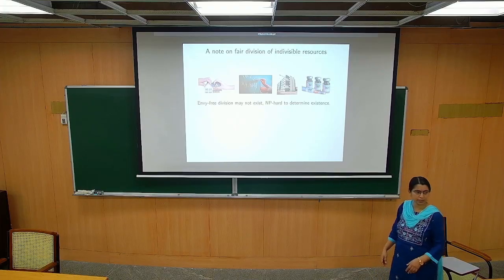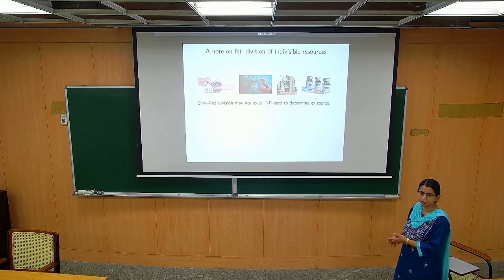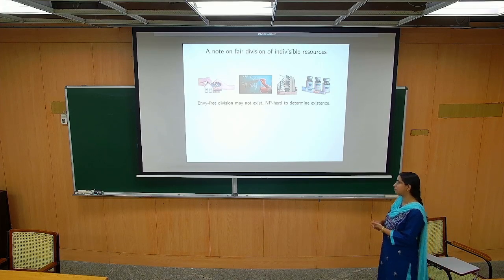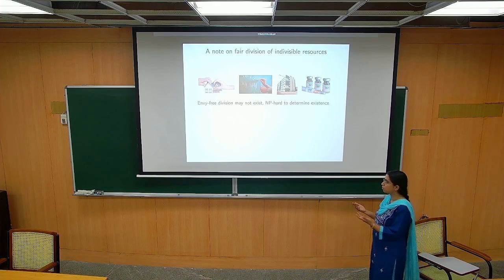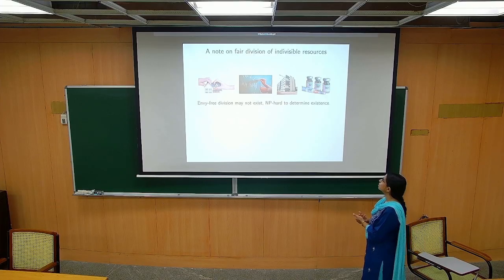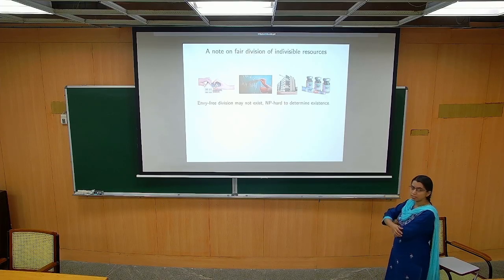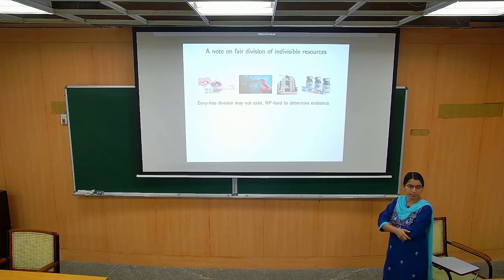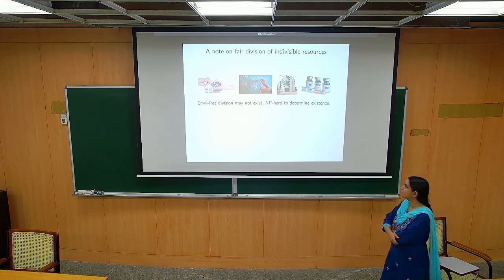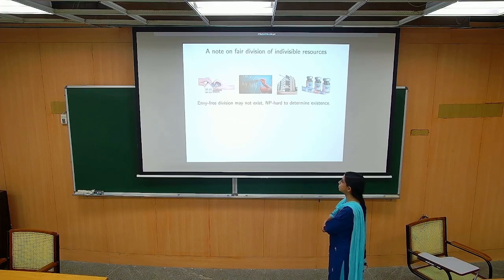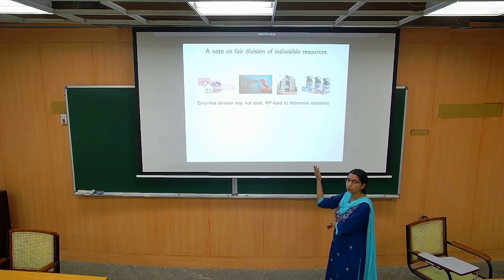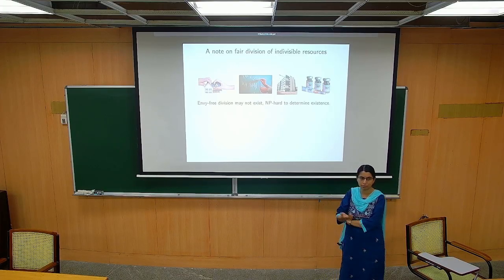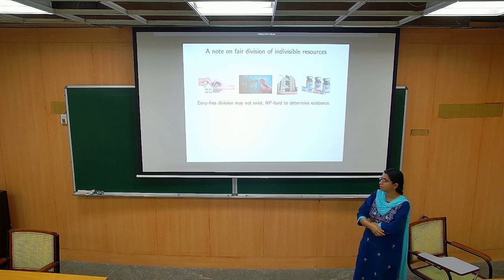So far we said that the cake can be divided in whatever way you want, and still we can't get connected NV-free division with a small number of queries. When we have indivisible resources, that poses different challenges altogether. For example, if we want to do inheritance division, then we can't split a house or, let's say, a car, laptop, whatever, among agents.